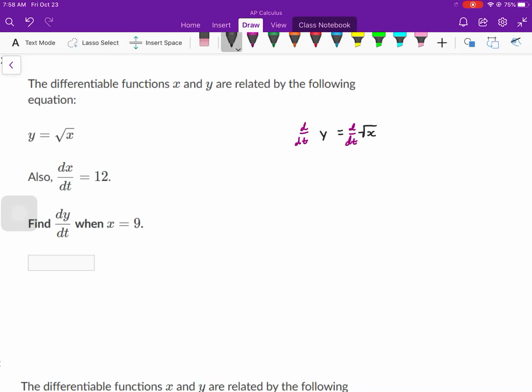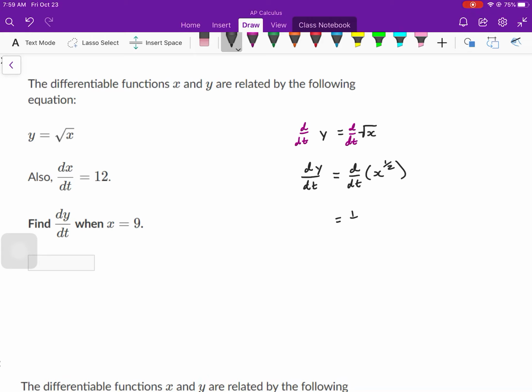Going through this derivative, the left-hand side is just going to become dy/dt, otherwise known as y prime, which is nice, that's easy. It's already solved for. We're trying to find dy/dt, so it's already on its own. Then we still have to take the derivative of the square root of x, which is x to the 1/2.